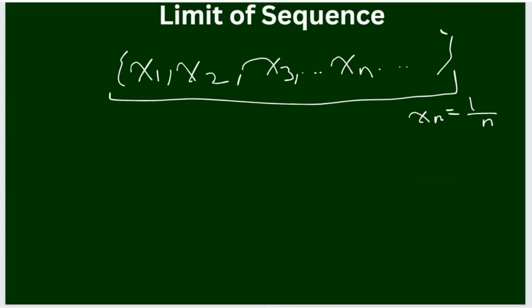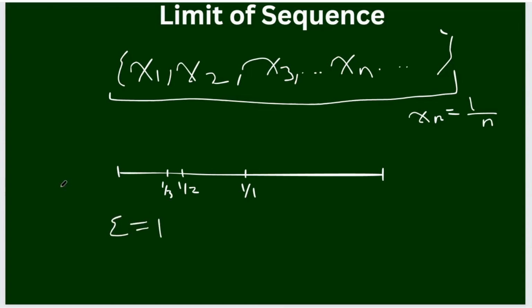Let's explain using a plot. I'm going to draw a plot here, and 1 over 1, which is x1, is here, and x2 is 1/2, so that's halfway, and it's here, and x3 is 1/3, so it's going to be somewhere here. Assuming that epsilon is equal to 1, well, what is that?